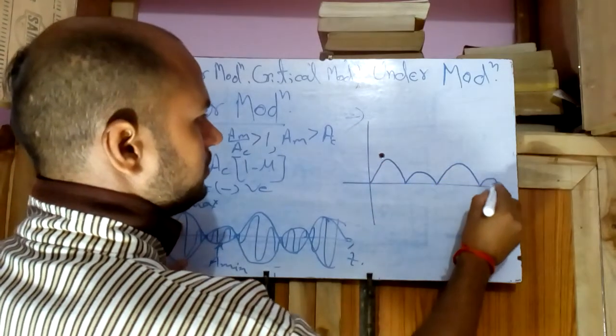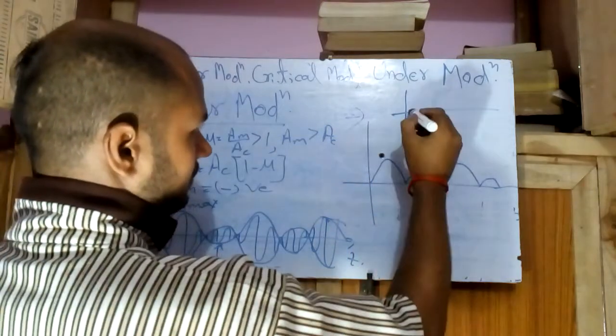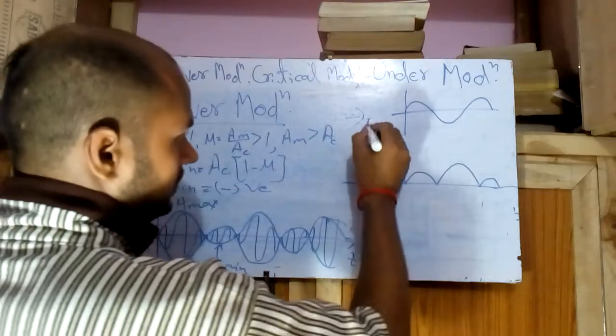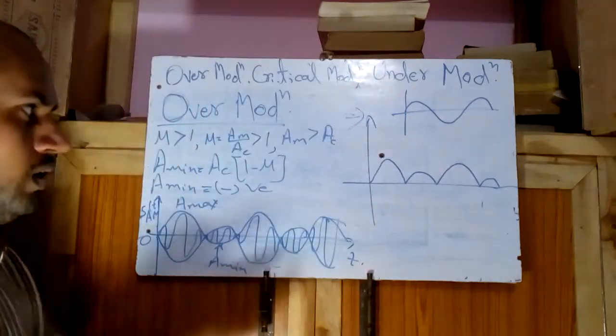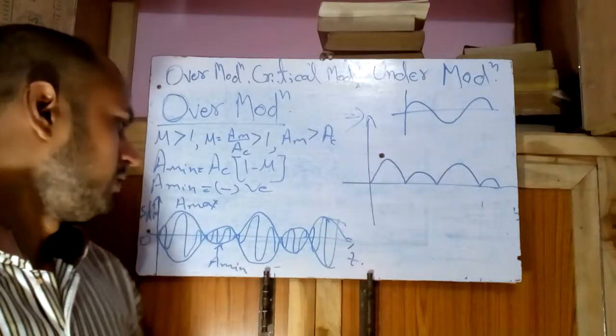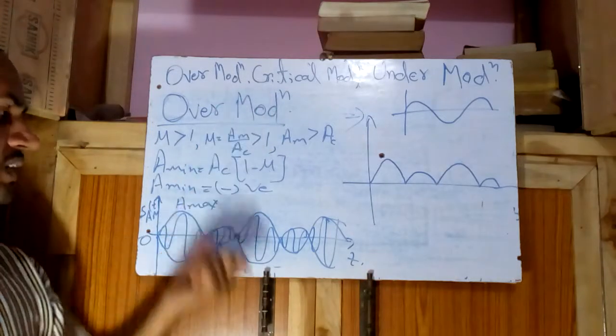This is the envelope, but it is not our original message. Our original message was this. So it is not the message. The envelope detector fails to detect the message from an over modulated signal.